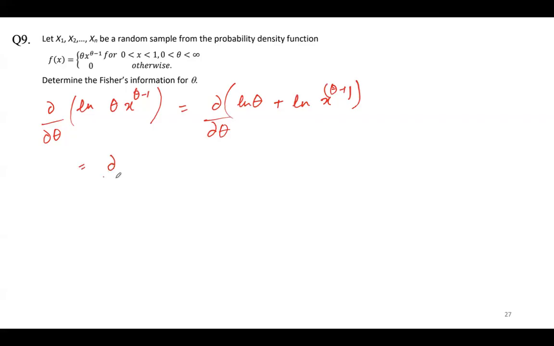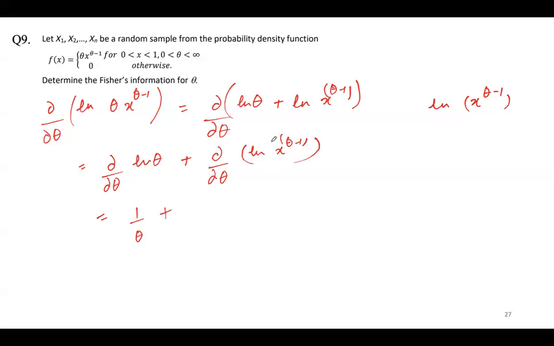So it's going to be d by d theta of ln theta plus, okay. Now the thing is, we can't change anything here. So it's going to be d by d theta of ln of x^(theta minus 1), this thing right here. Now this becomes 1 by theta.